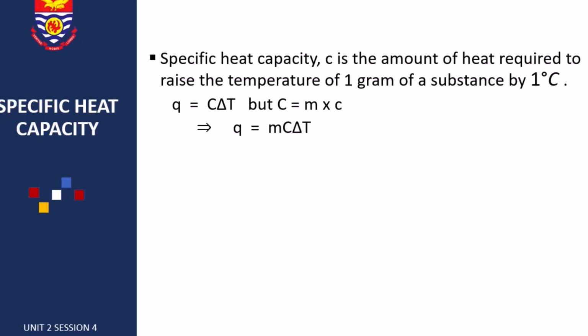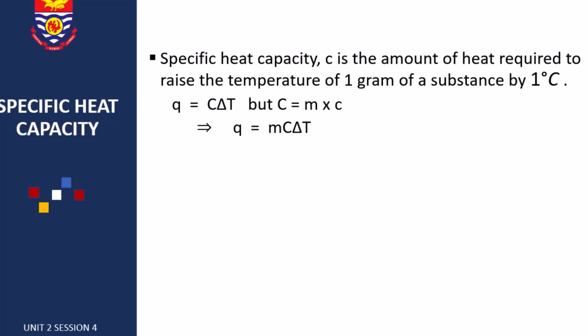Also, we have what we call specific heat capacity. Note the difference between heat capacity and specific heat capacity. Specific heat capacity is denoted by the symbol small c and is the amount of heat required to raise the temperature of 1 gram of a substance by 1 degree Celsius. So in this case, we know the specific temperature and the specific amount of substance we require to raise by a specific amount of heat.